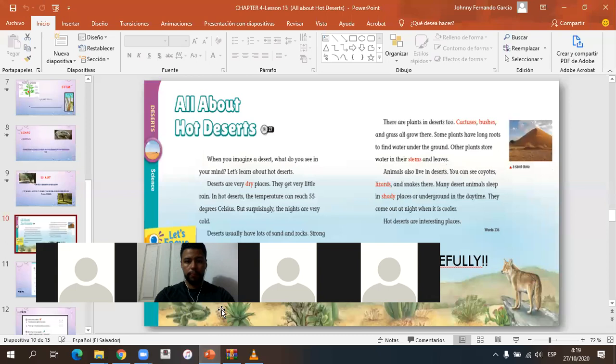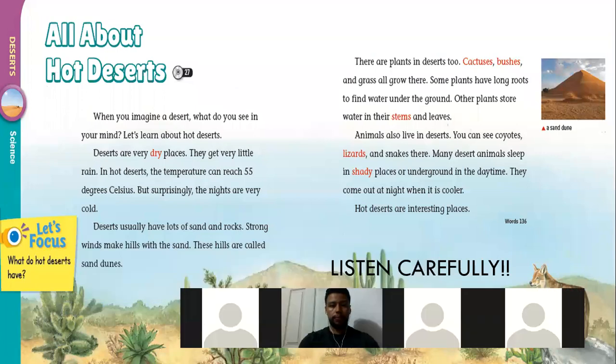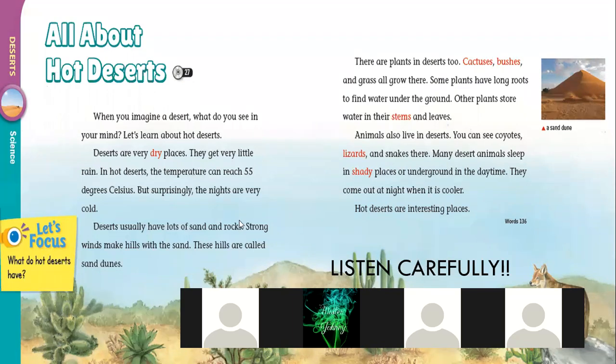All about hot deserts. When you imagine a desert, what do you see in your mind? Let's learn about hot deserts. Deserts are very dry places. They get very little rain.